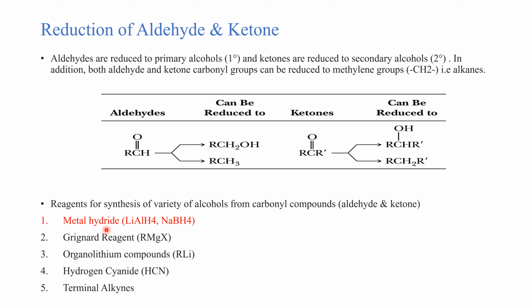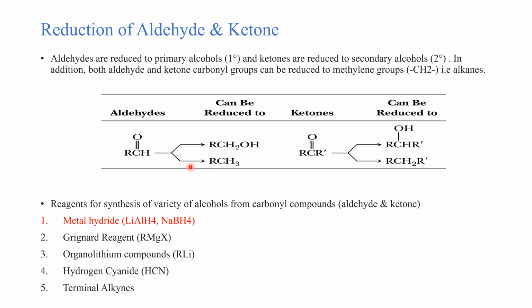So today we are focusing on the metal hydride based reduction of aldehydes and ketones. And in these metal hydrides, we will talk about the most commonly used ones: lithium aluminium hydride, and sodium borohydride, also called sodium tetrahydroborate.